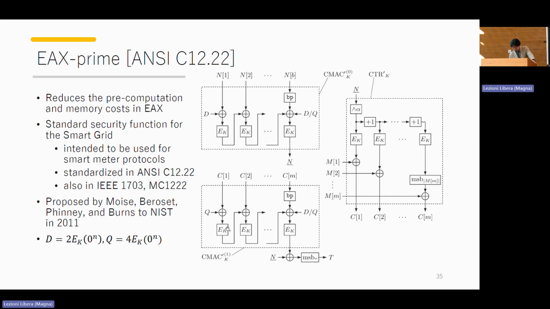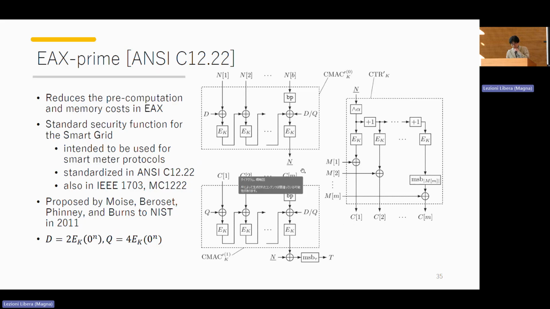So what happens here is that we run CMAC to compute the tag for the nonce, but we use D here, where D is 2 times L. Then we use this N to compute the counter mode, and we obtain the ciphertext of the plaintext.